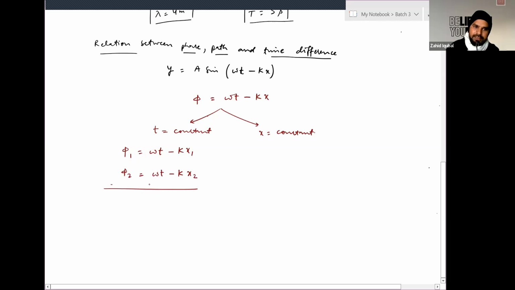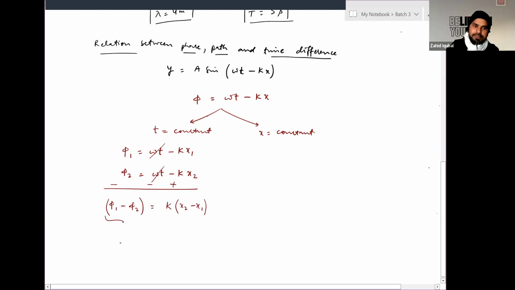If you subtract these two, omega t and omega t will cancel out. So you will get phi1 minus phi2 equals k, being constant, keep it outside, times x2 minus x1.